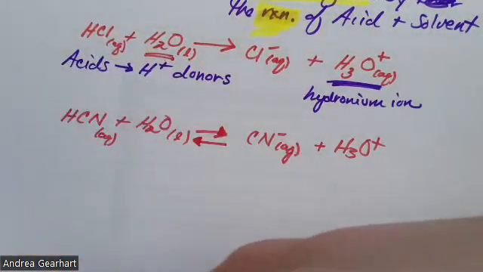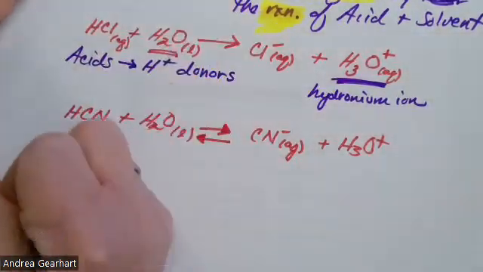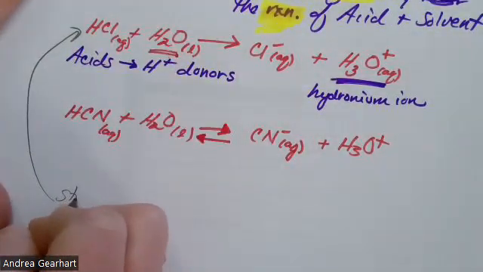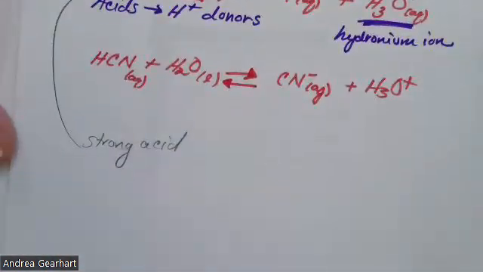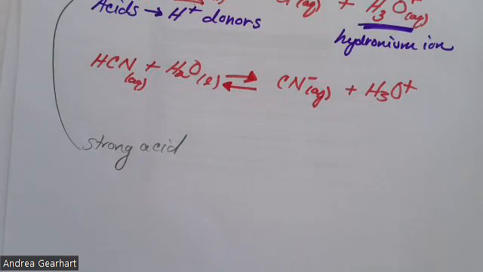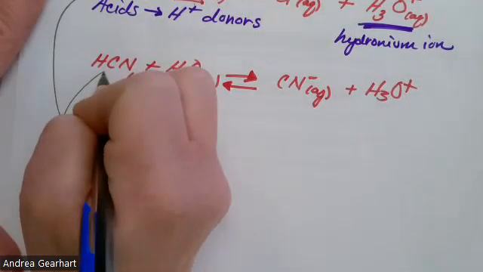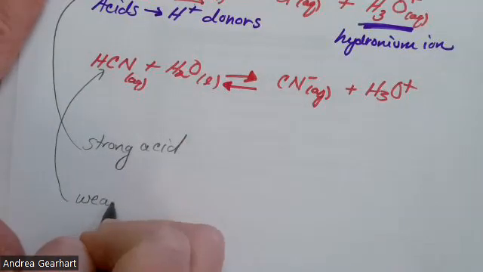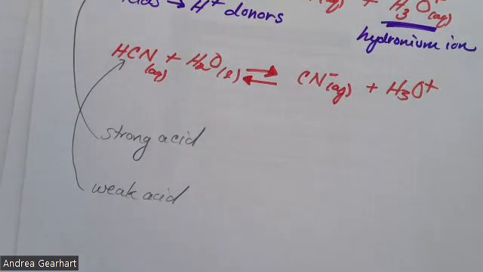HCl is what we call a strong acid. HCN is an example of a weak acid. And with acids, it's either extreme.